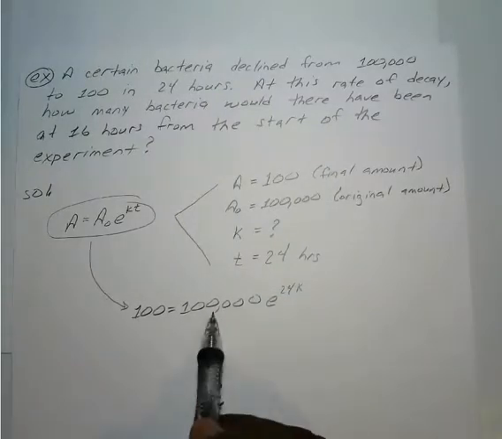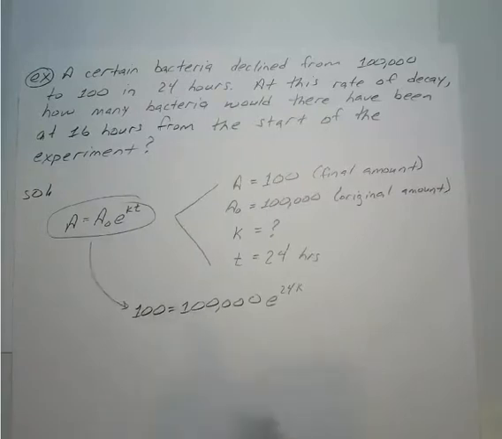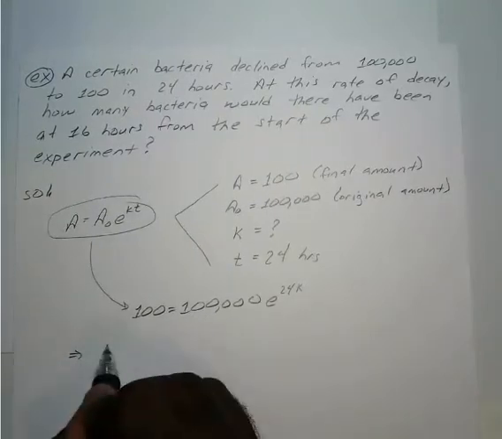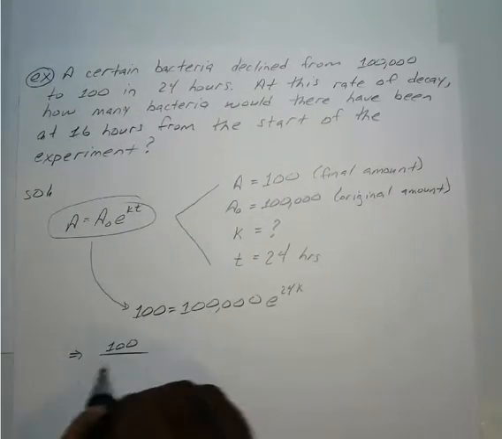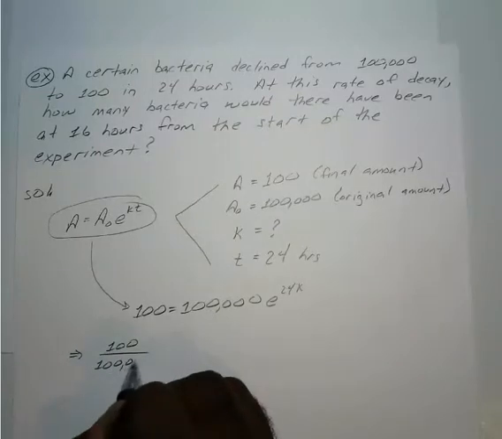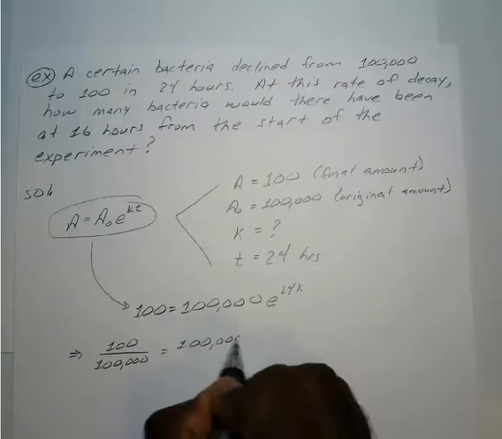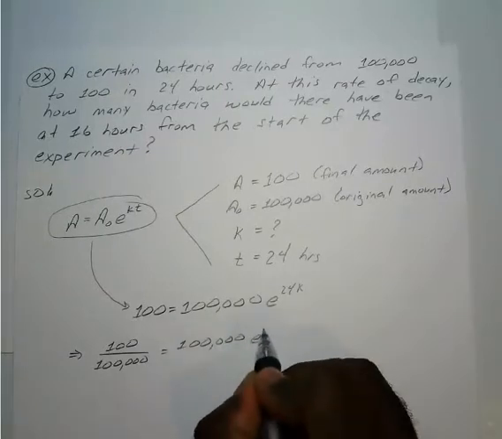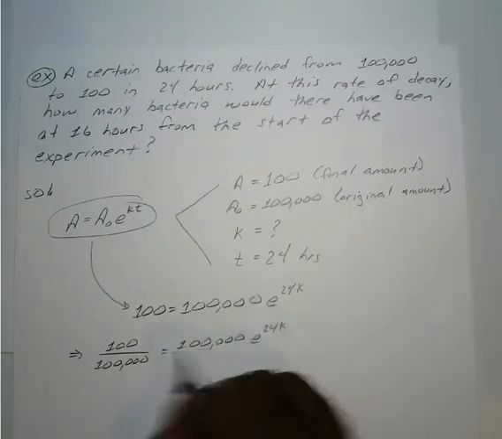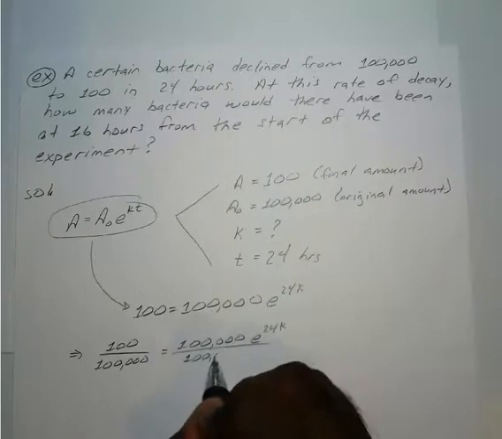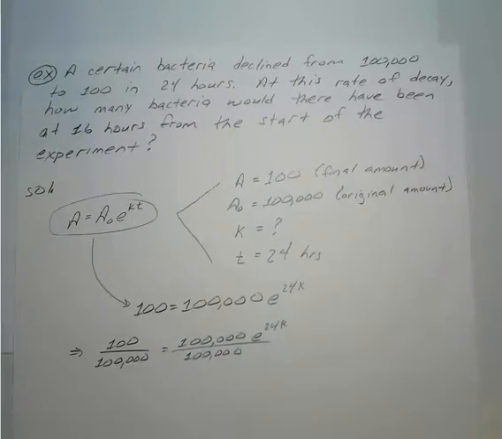Alright, so if we go ahead and divide both sides by 100,000, we have 100 over 100,000 equals 100,000 e to the 24k over 100,000. Okay, so we just divided both sides of this by 100,000. So that cancels out.